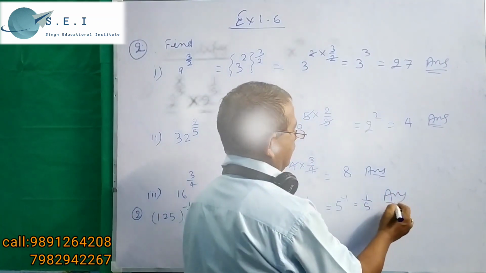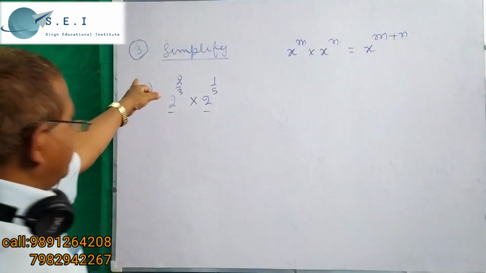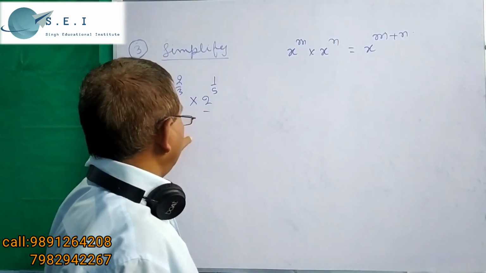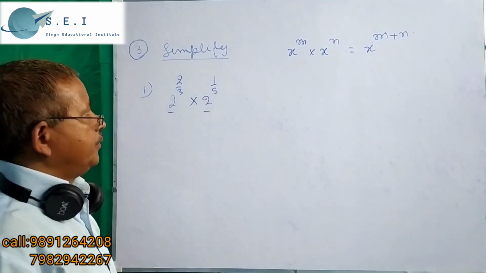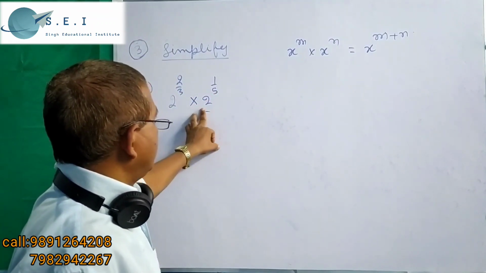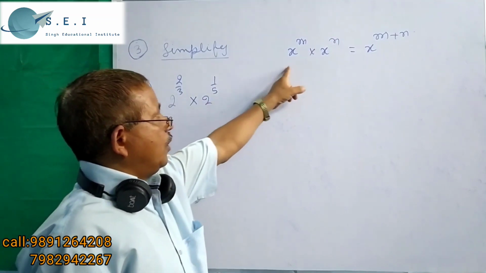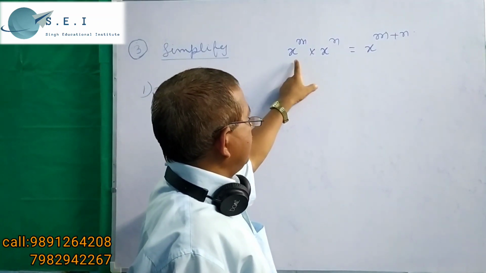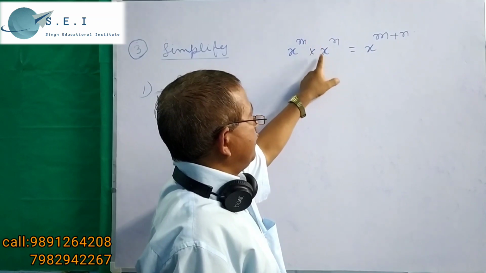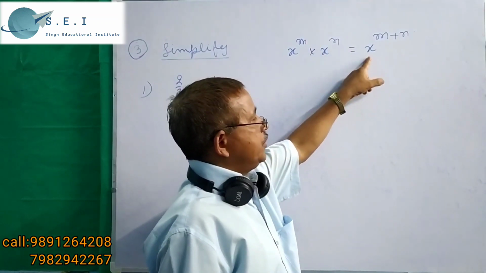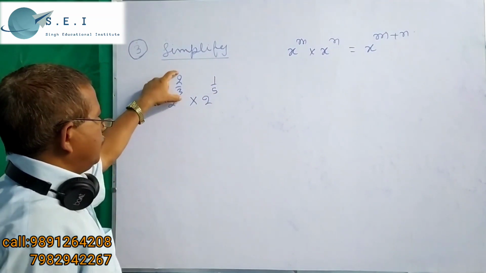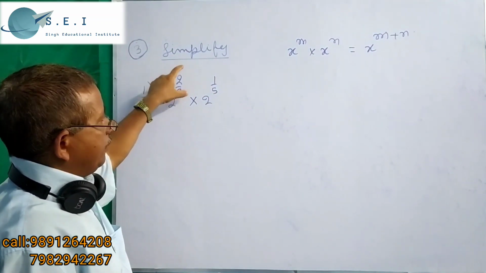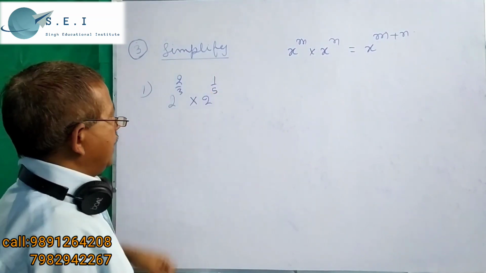This is your answer. Now the first part of question number 3 is 2 to the power 2 upon 3 into 2 to the power 1 upon 5. This may be solved on the basis of the formula x to the power m into x to the power n is equal to x to the power m plus n. Here 2 by 3 is assumed to be m and 1 upon 5 is assumed to be n.